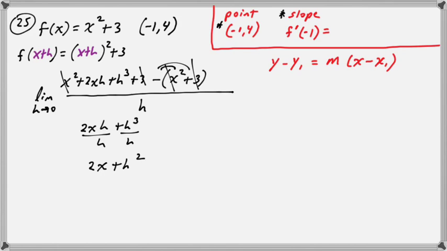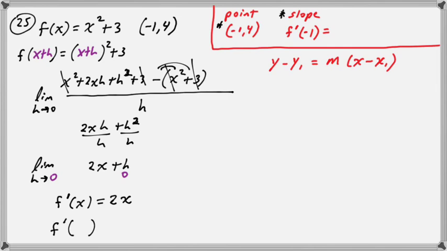The square the first, twice the product, square the last should be h squared, right? So leaving me this. So when I replace the h with a 0, you're going to get 2x plus 0. So f prime of x is 2x.